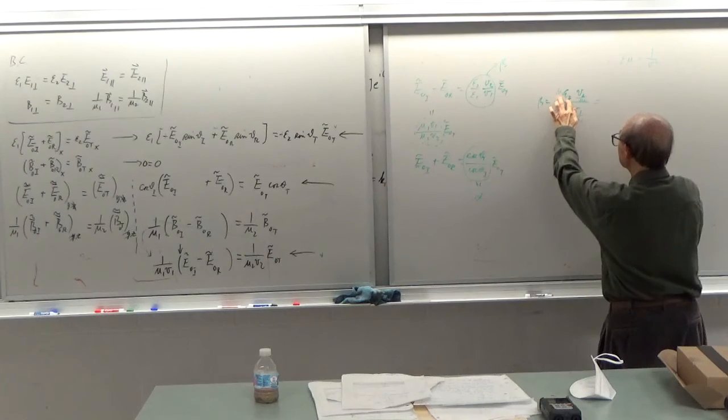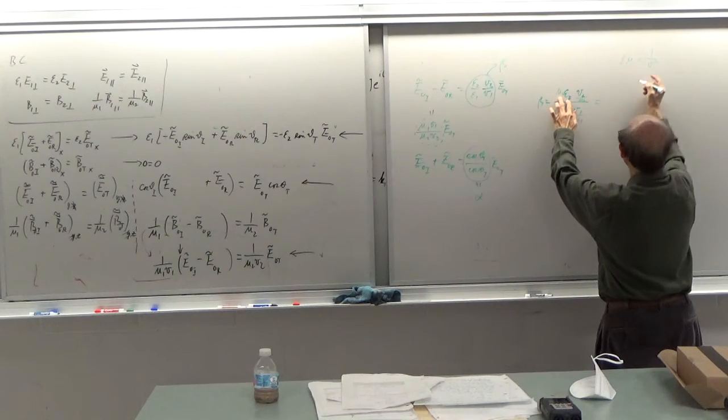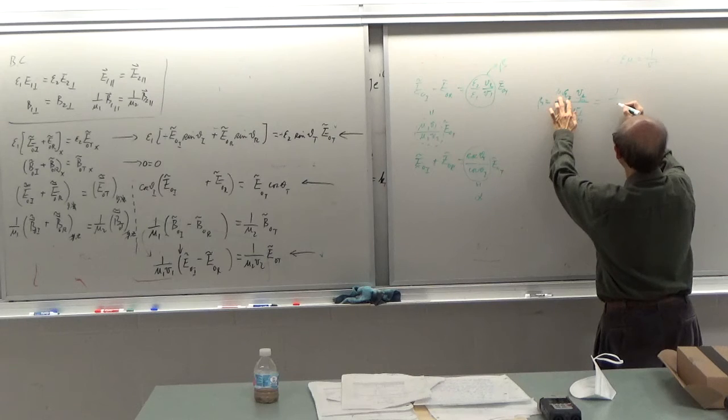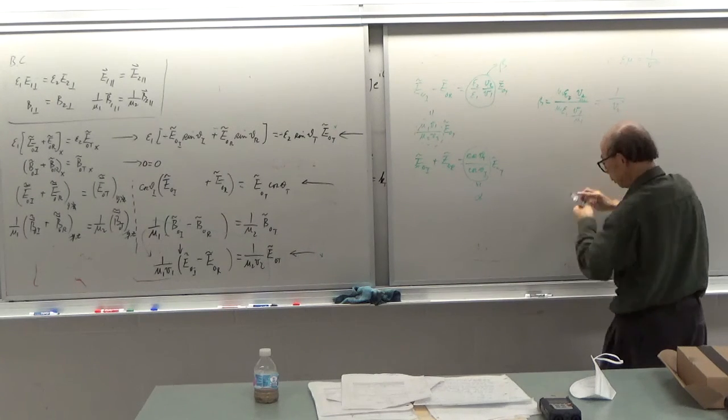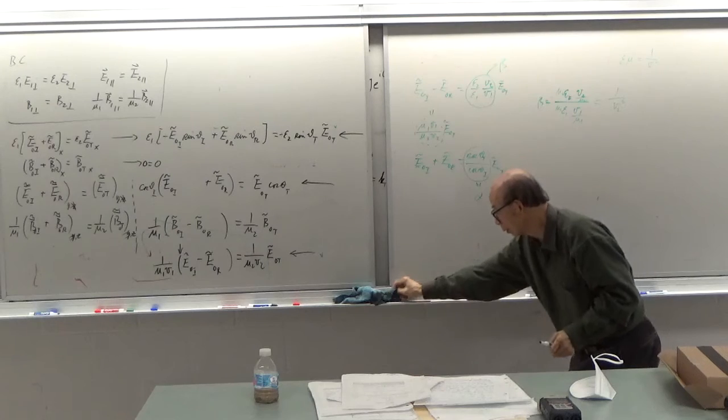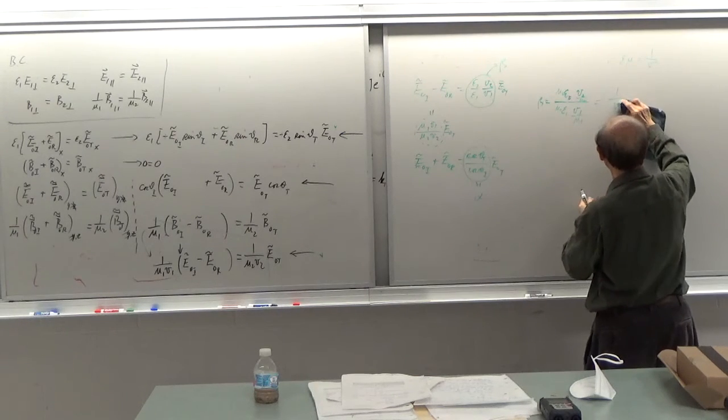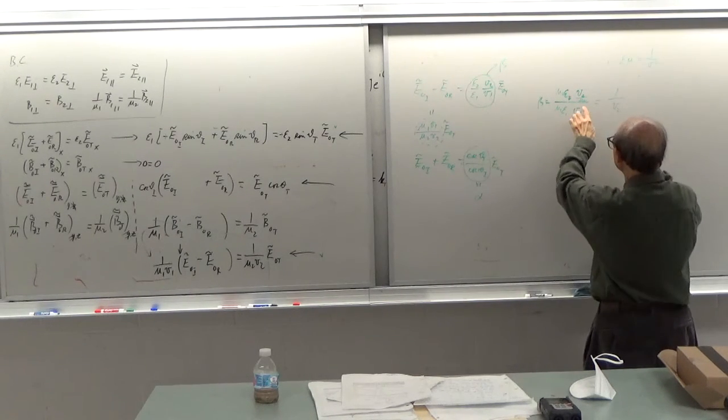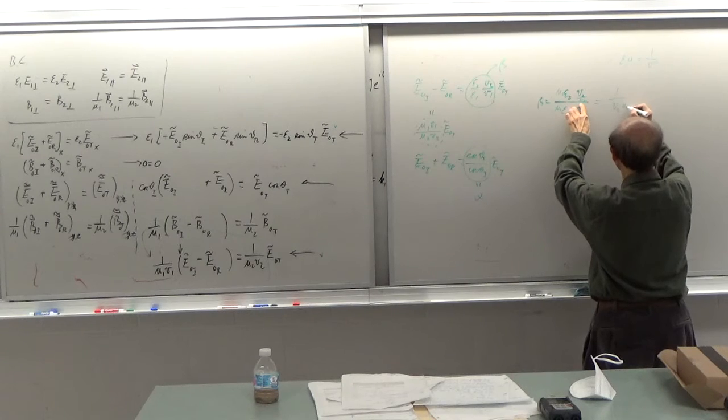So this is equal to 1 over V2 squared, but the V2 cancels with this one. So I have just one V2 left, and then there is this mu 2 there.